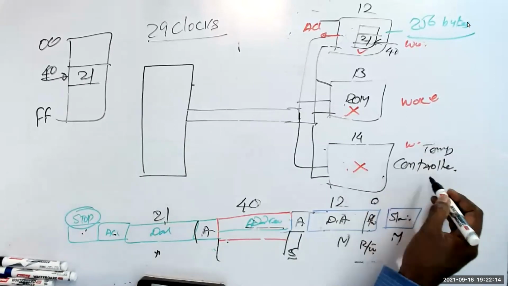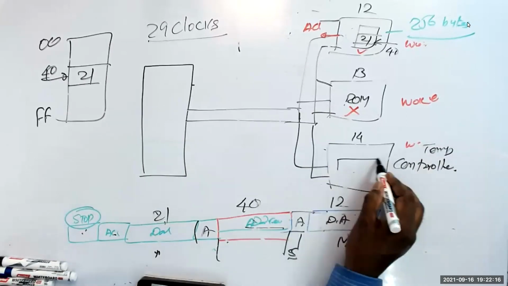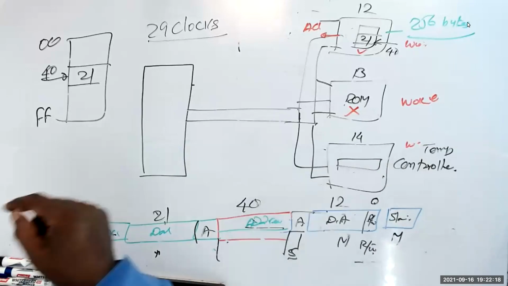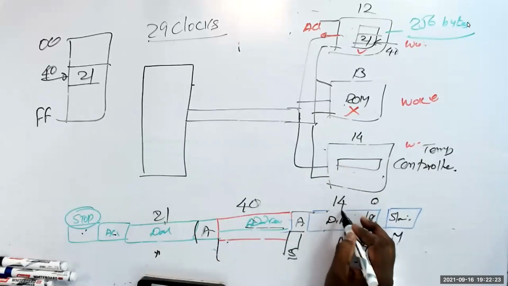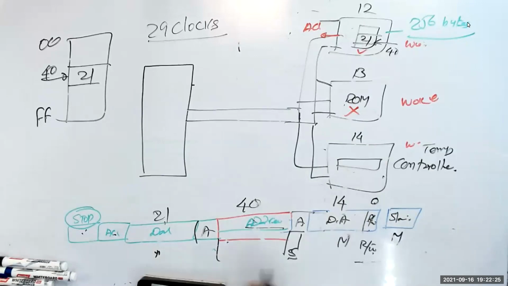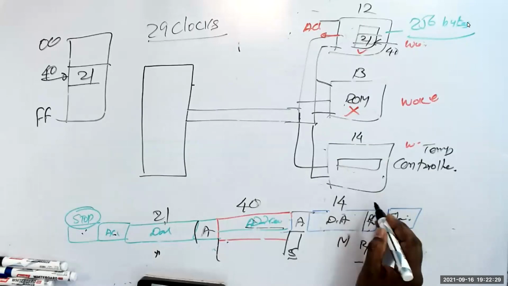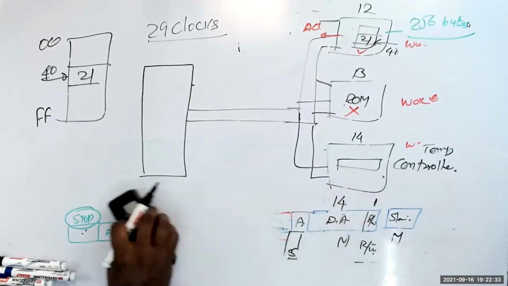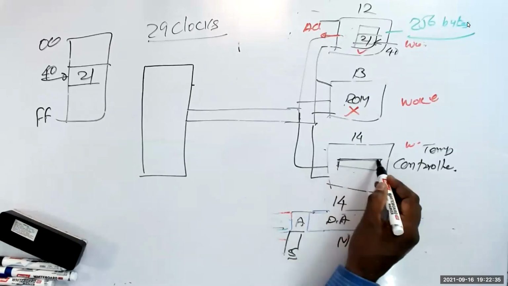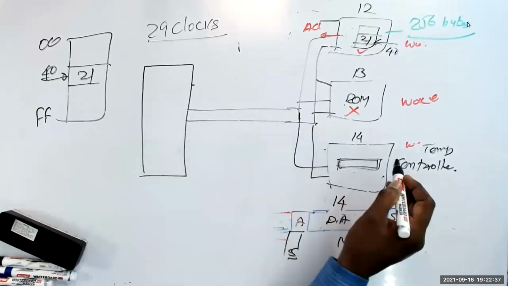He measures the temperature and keeps the value here in a register. You want to read, you will say the address is 14. Address is 14. Then you will say read as 1 because you're going to read. Now, let us assume that this guy might have only one register. Only one register.